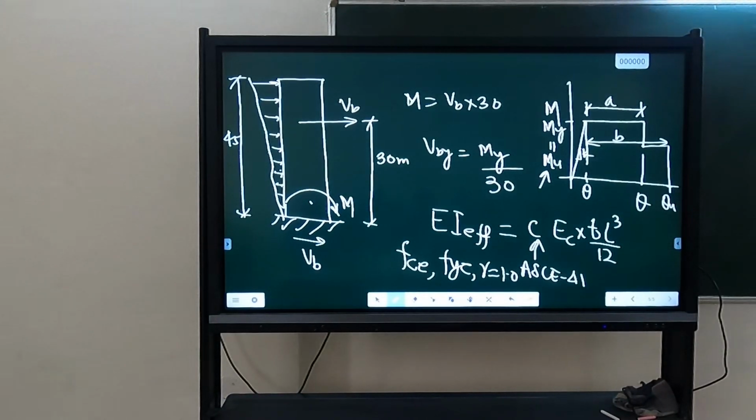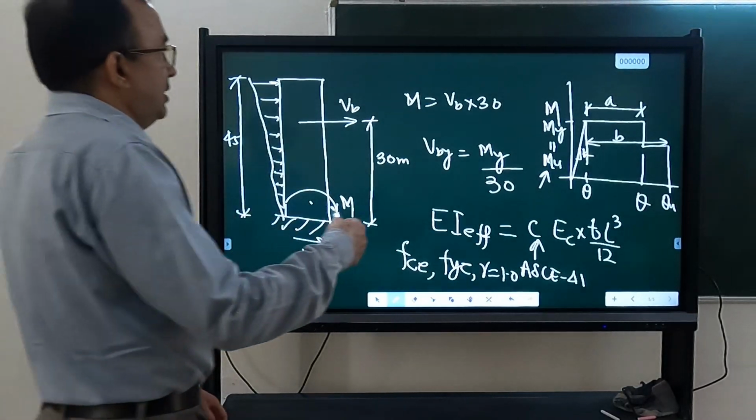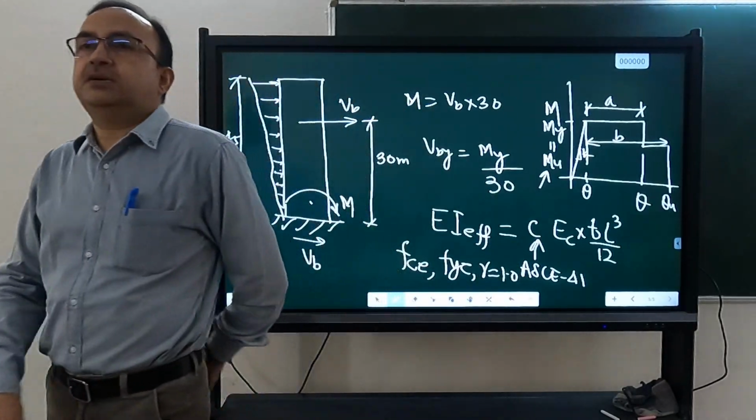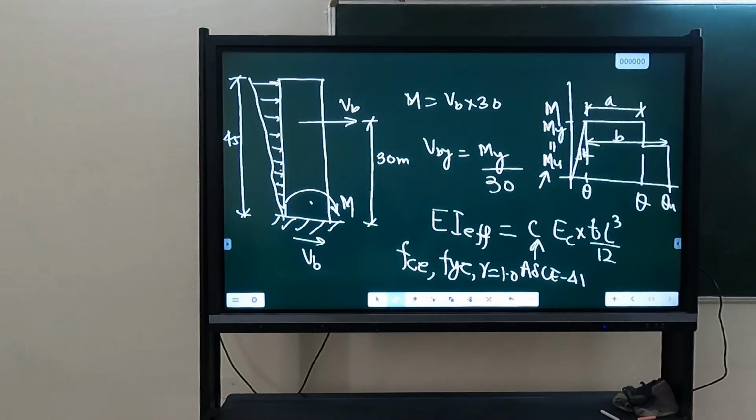Sir, should I consider the confining effect there while calculating? Is there any confinement given? So life becomes simple. But even if confinement is there, we are calculating Mu using that expression given in the board, and that does not consider confinement.